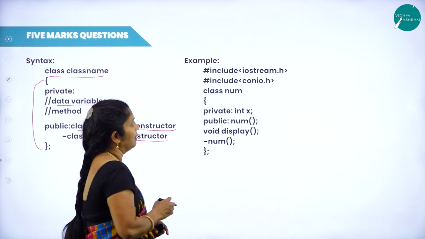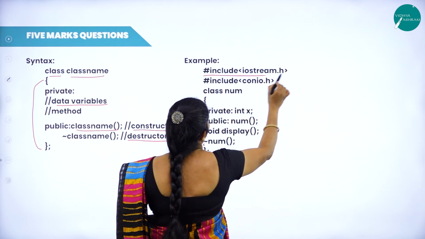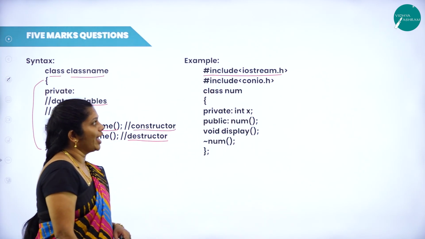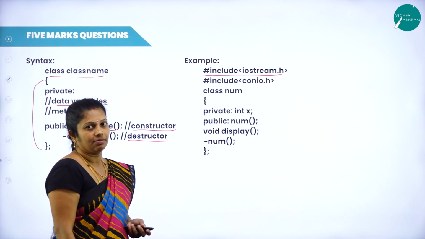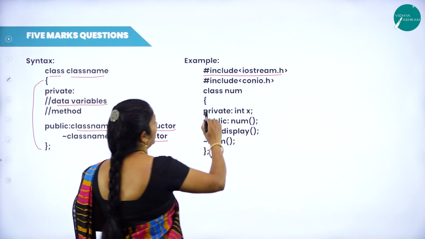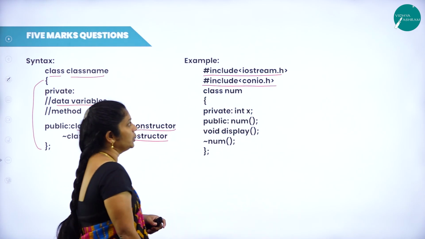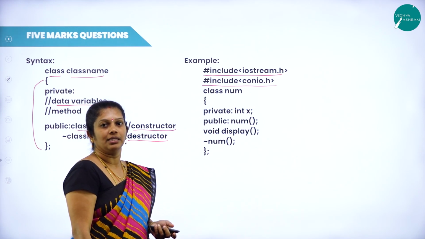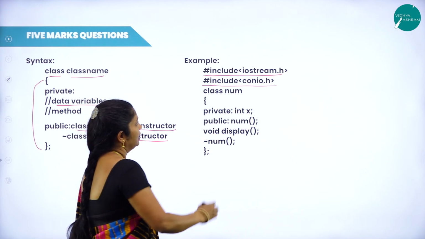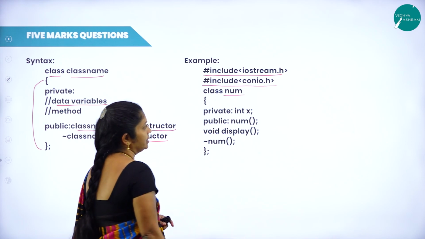If you observe the example, we have given #include <iostream.h>. This is a supporting header file for cin as well as cout functions. Next, #include <conio.h>. This is a supporting header file for clrscr as well as getch functions. Then we take the class name as Num.